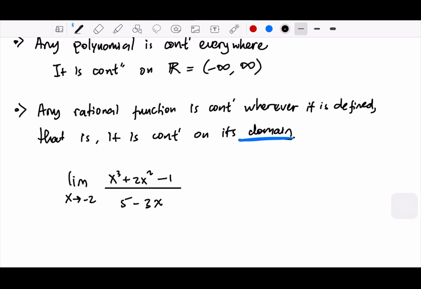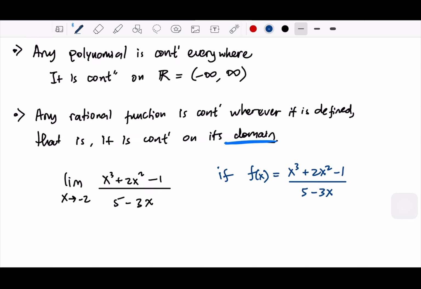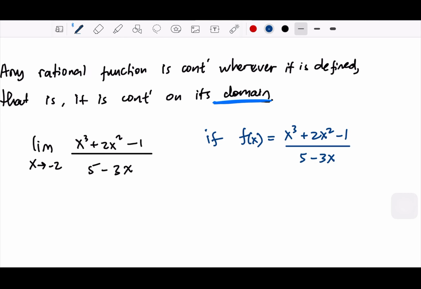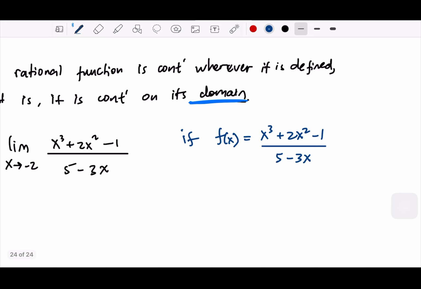Okay, so by looking at the function, any questions so far? Okay. So if we have this function here, this is rational, right?